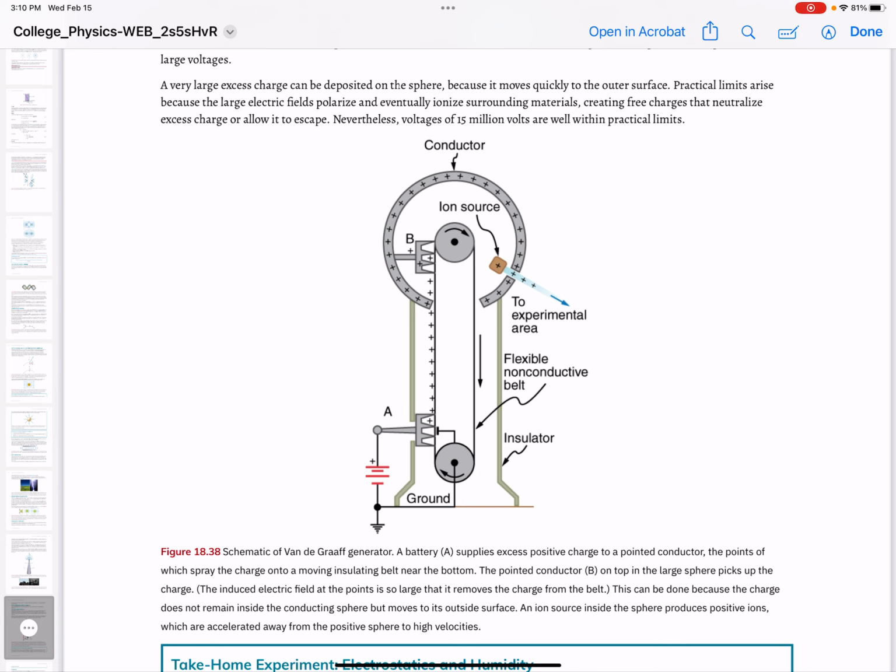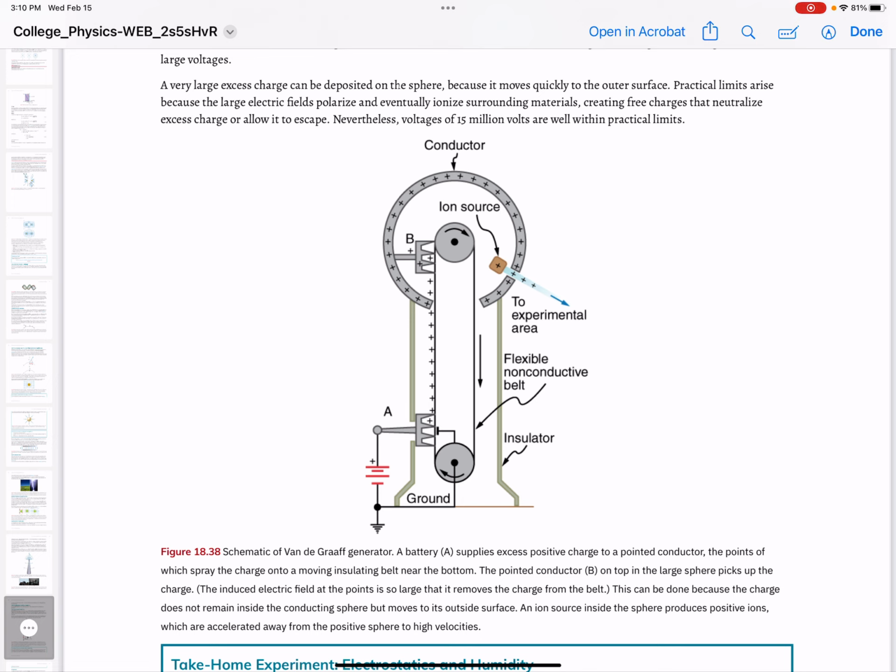The belt turns clockwise at the bottom and clockwise at the top. At A and B there are metal brushes.